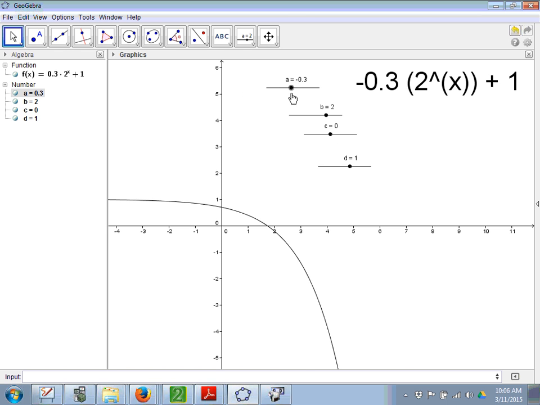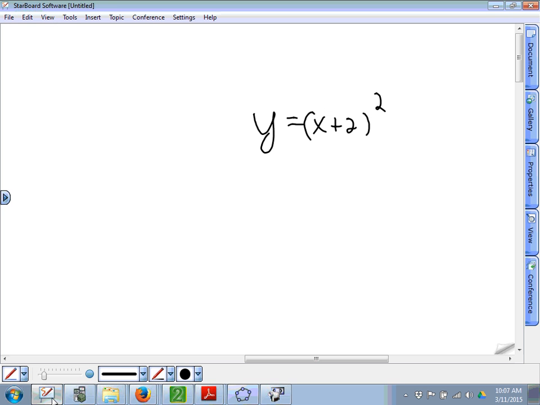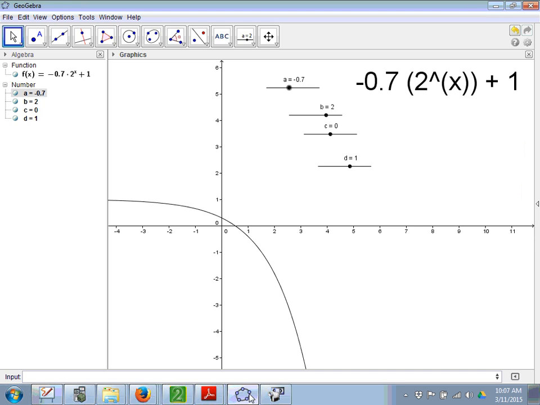What if the number goes negative? Then it flips upside down. And you've seen that before. What if I put a negative sign in front of the x squared? What does that do to the graph? Doesn't it flip it upside down? Yeah. So the same thing happens here with our exponential. It could flip upside down if that number in front is negative.